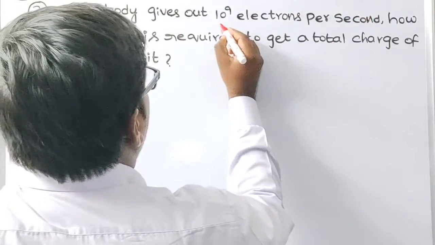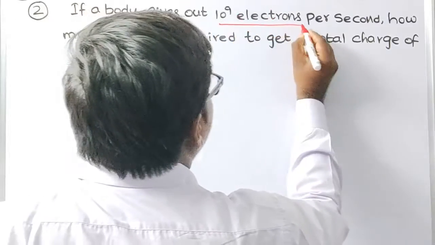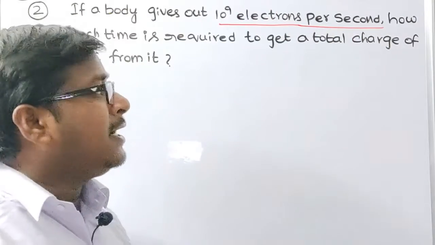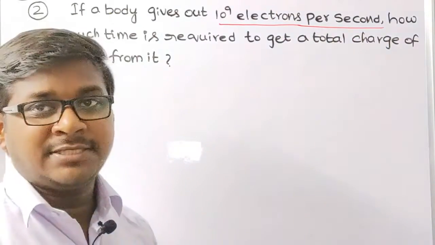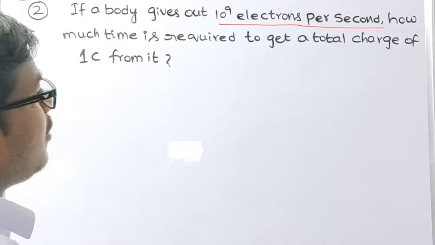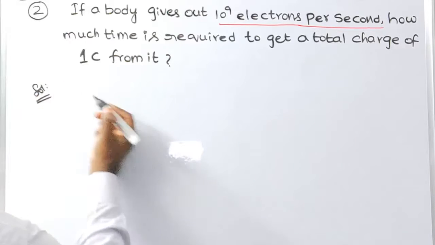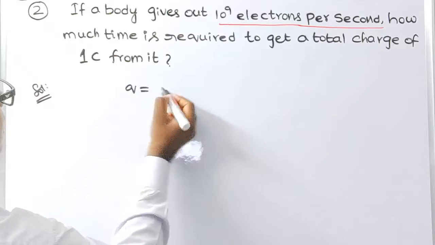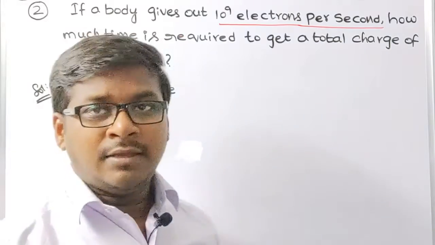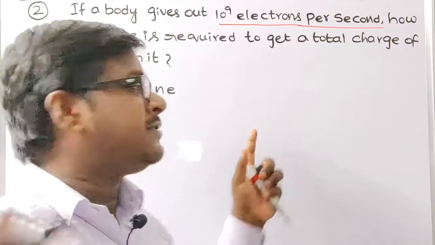The charge is quantized, so Q is equal to Ne. This tells us how many electrons are produced in 1 coulomb of charge.